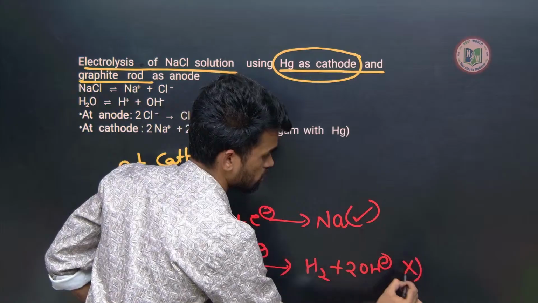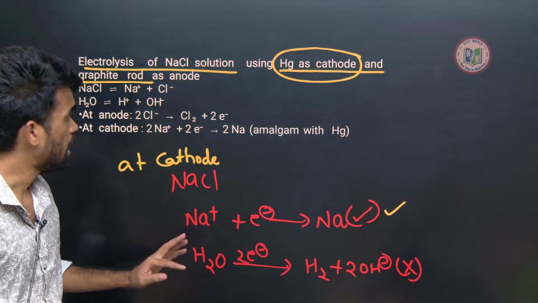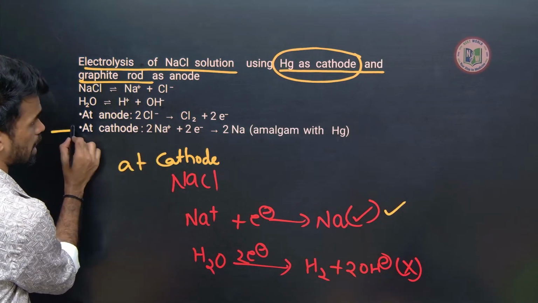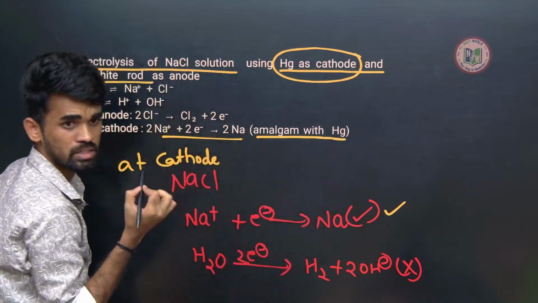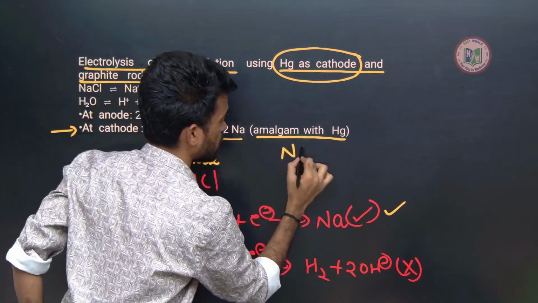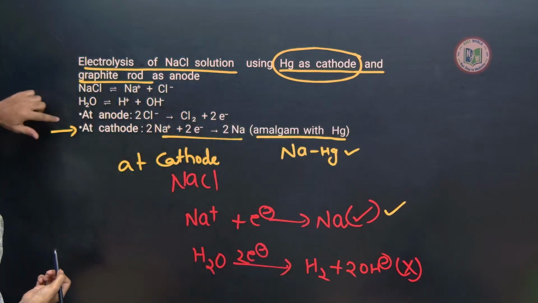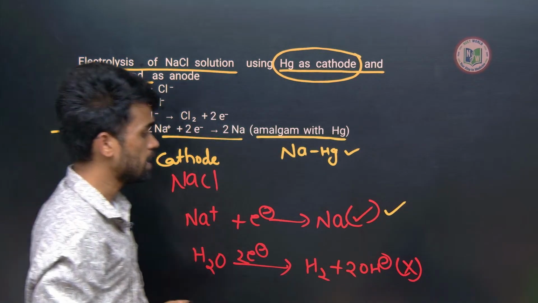The first reaction is preferred. And what about the second case? That's why they mention the cathode forming an amalgam, which you can write as NaHg. Next, the anode case: chlorine gas is released.